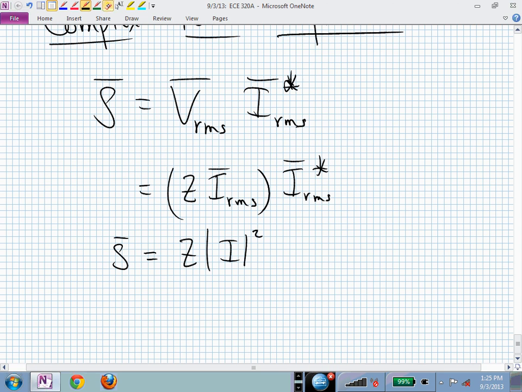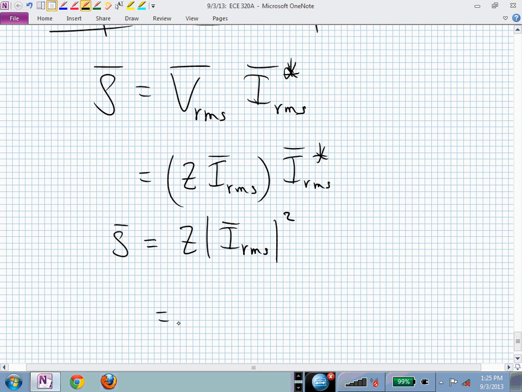Let me be consistent, I was calling that I sub RMS. That's a complex number, but we can take the magnitude of that and square it. But we also know that Z is some R plus JX.